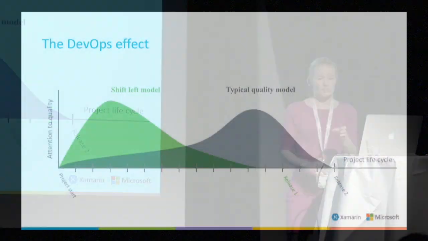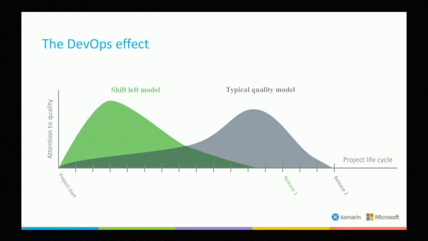So what's the effect? If you're able to find the process that fits your team to continuously deliver value to your end users, what will the effect be? Well, basically, you will go from a model where you develop your applications, they are feature complete, and then you start testing it and ensuring that it works. That's the gray model you see here. That's the typical quality model that a lot of development projects are doing.